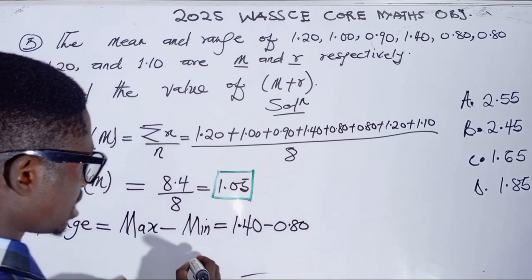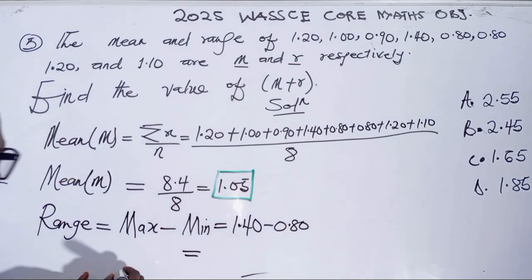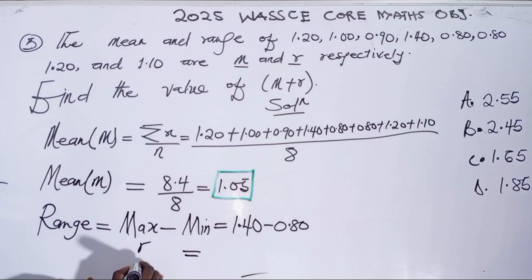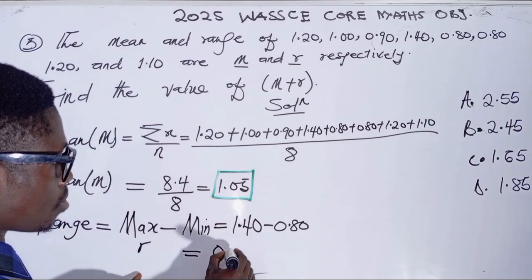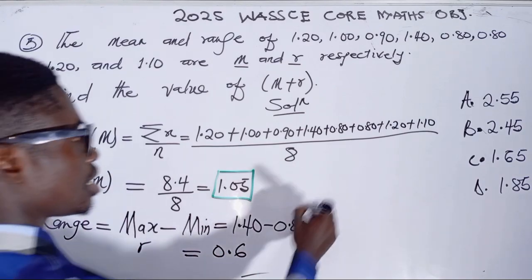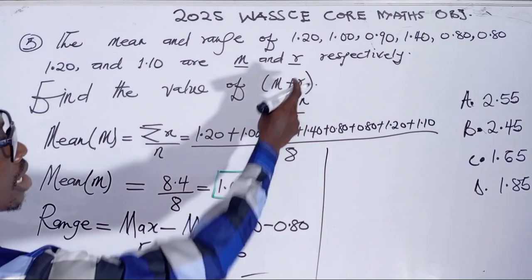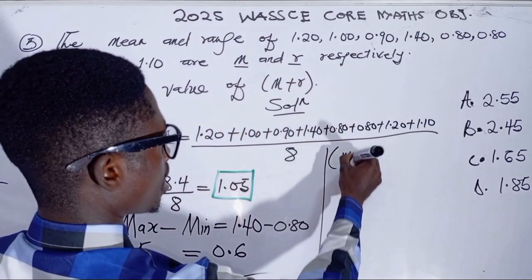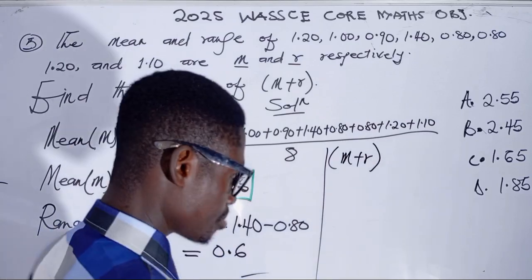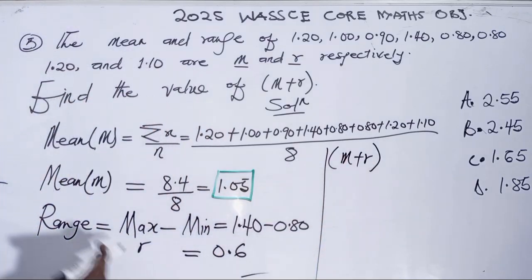When you do your subtraction, you are going to get your range to be 0.6. Now the question says we have to find M plus R. So we have our M plus R, where M is the mean.